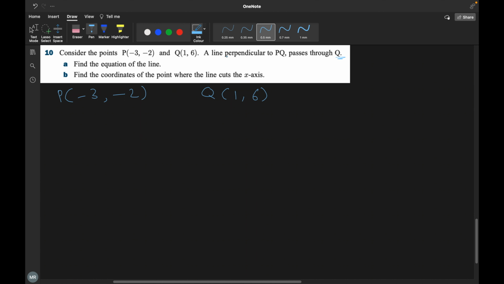Okay, let's see what we've been given. So we know that a line is perpendicular to PQ. So this implies that whatever gradient we find here is going to be the negative reciprocal of the gradient of the perpendicular line. So now let's find that.